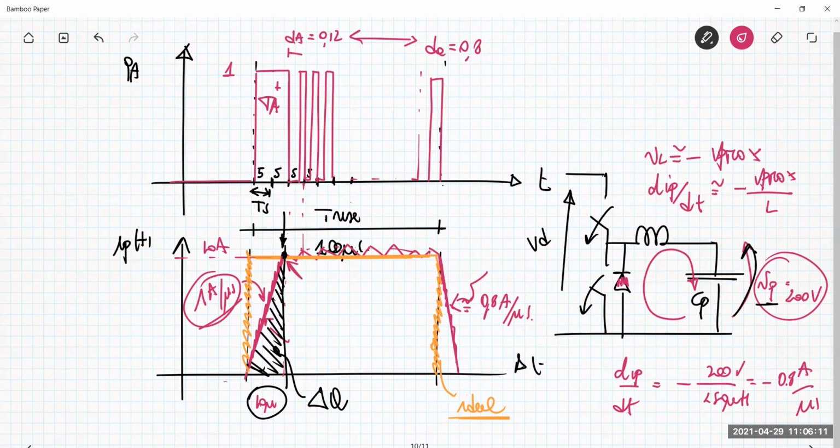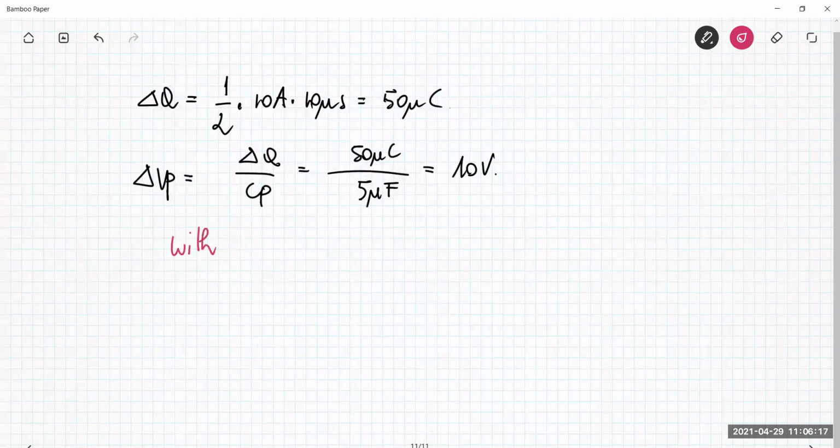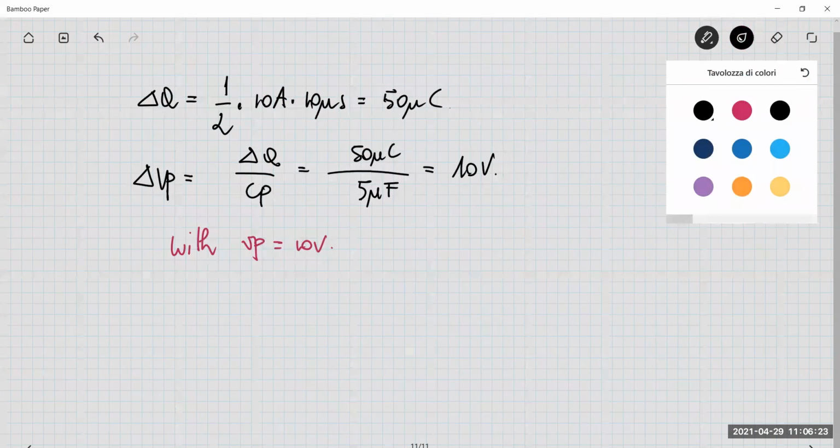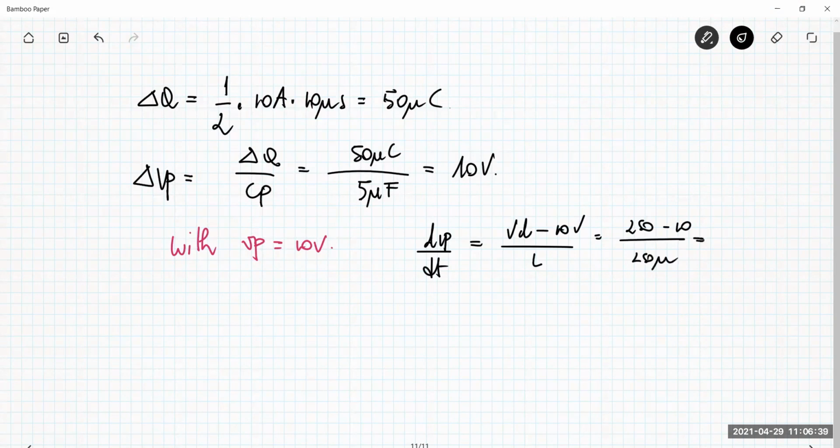When you have 10 volts at the end, the dIp over dt is no more Vd over L, but it's Vd minus 10 volts over L, which is 250 minus 10 over 250 microhenry. And this is 0.96 amp per microsecond. So it is not 1 amp per microsecond, but a little less.